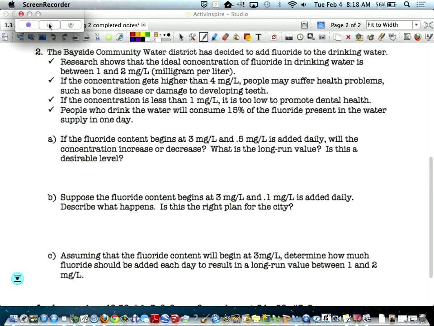If the fluoride content begins at 3 milligrams and 0.5 milligrams is added daily, will the concentration increase or decrease? What is the long run value? Is this a desirable level? So let's just start by getting our recursive formula written.